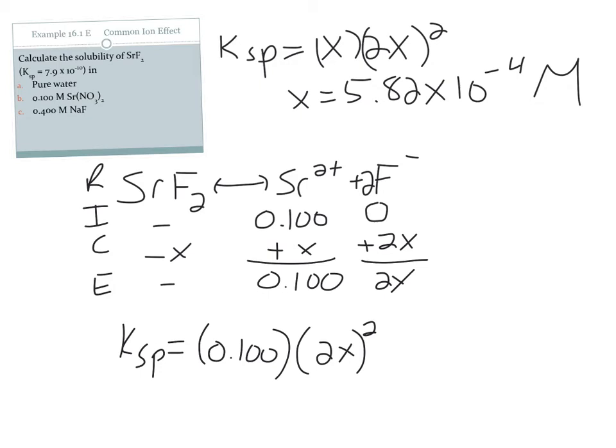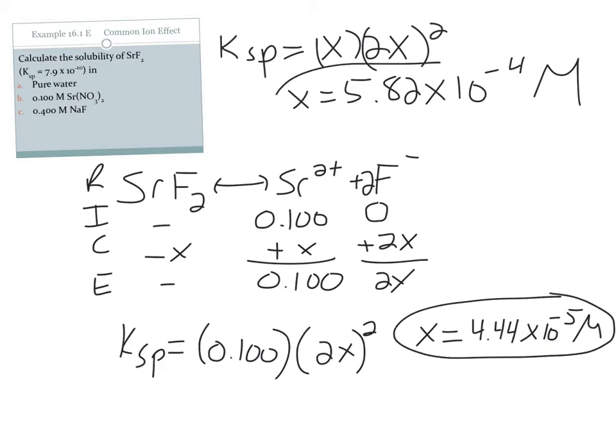The strontium is 0.1, the fluoride is 2x, the solubility is x. So you got to watch out for what is being asked for. When you solve for x in this case, you get 4.44 times 10 to the negative fifth molarity. So the molarity went down by a factor of 10 about. We had 10 to the negative fourth, now we're at 10 to the negative fifth.